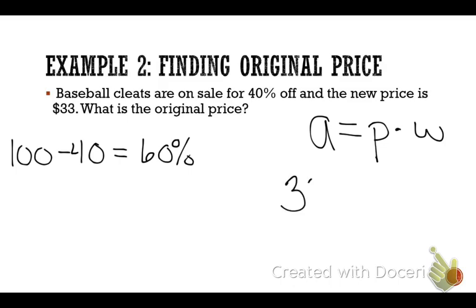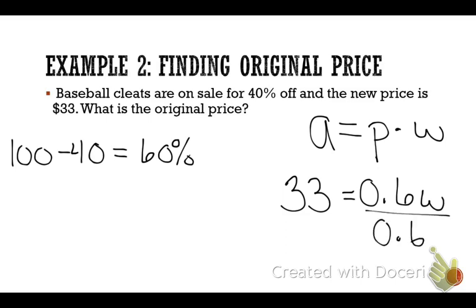So 33 goes here, equals the percentage as a decimal, 0.6 W. Now you divide both sides by 0.6, and W equals 33 divided by 0.6, which is 55. Yes, this is W, sorry, $55.